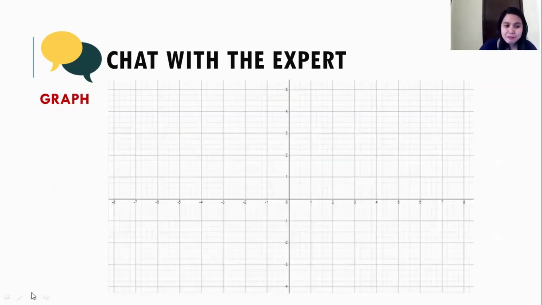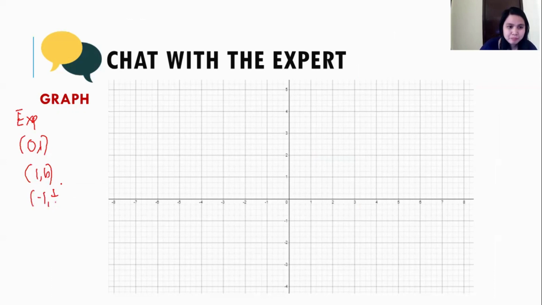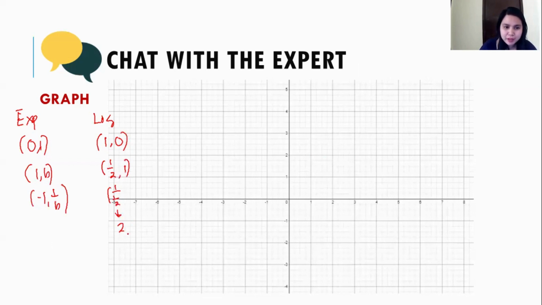So for our graph, sorry, I will always start with the exponential because I don't memorize the other one. Okay, so for our logarithmic function, that's going to be (1, 0), (1/2, 1), and 1 over 1/2 is 2, so (2, -1).